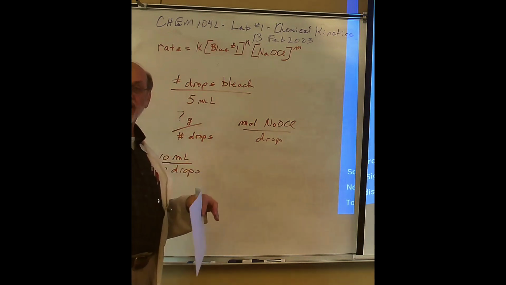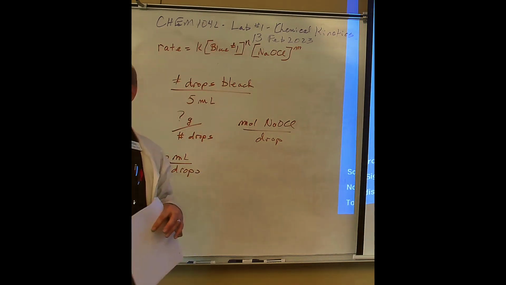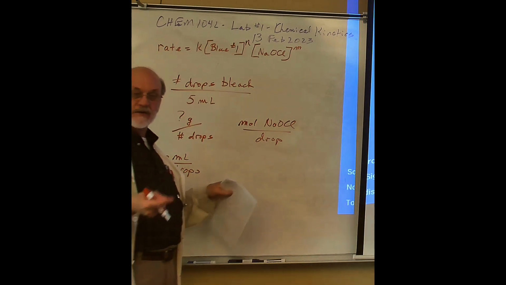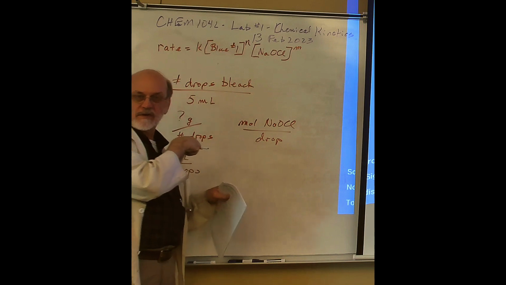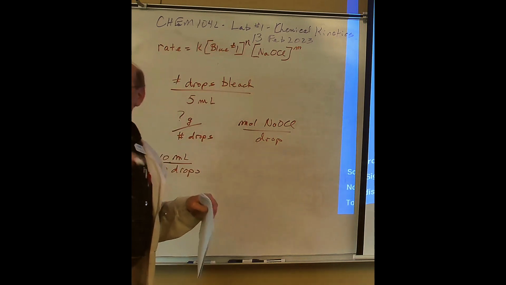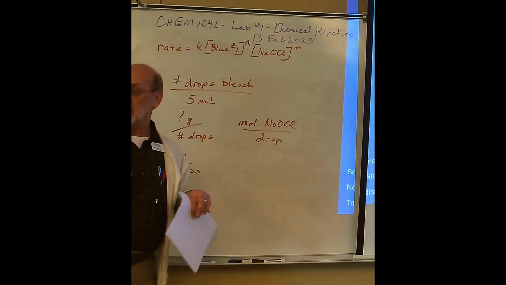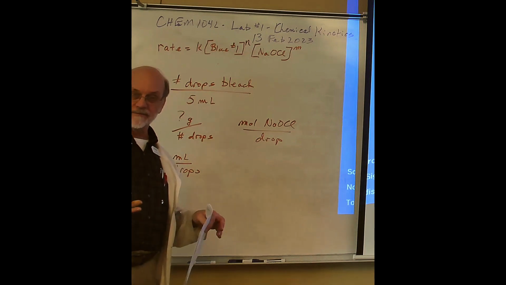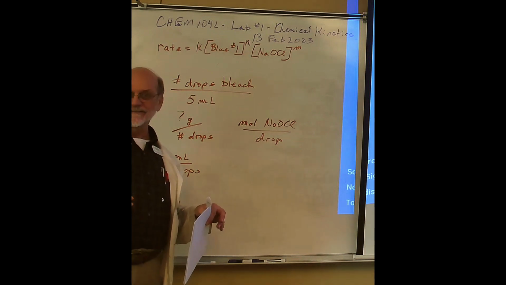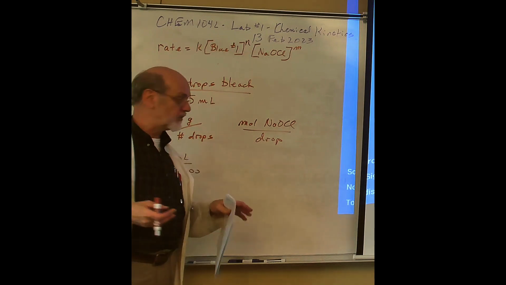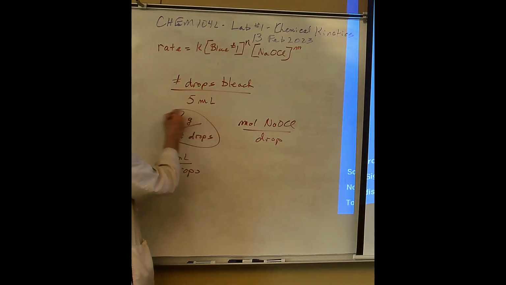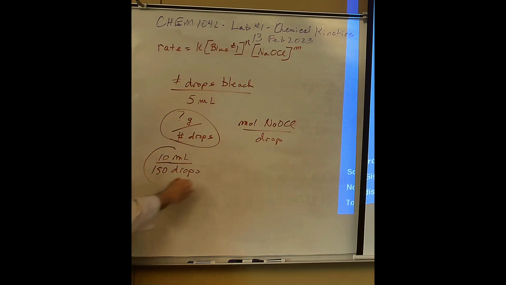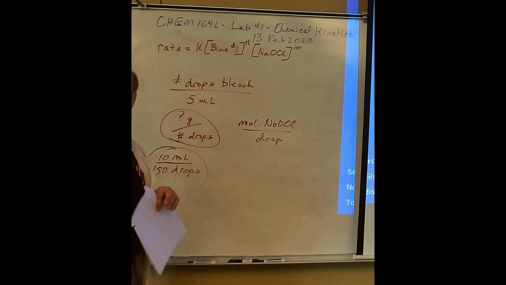Because what's the total volume in your cuvette? It's what you added for the blue dye solution plus what you added of this one. And you have to know the total volume in order to calculate the concentration. That's why we do that. So these two bits of information: you need to know the mass for a certain number of drops, and you need to know the volume for a certain number of drops.